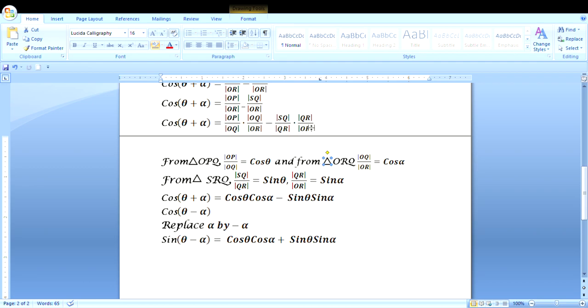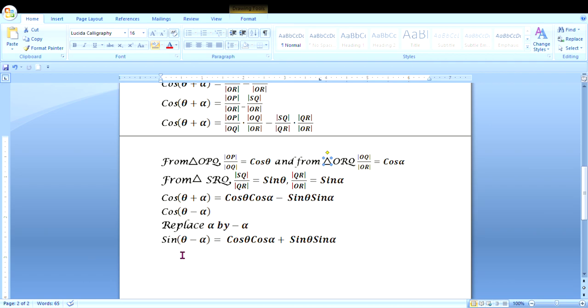Now, by way of substitution, let's replace all these expressions with their respective trigonometric ratios. And this becomes cos theta cos alpha minus sine theta sine alpha. So the value of cos theta plus alpha is equal to cos theta cos alpha minus sine theta sine alpha. Now, in the case of cos theta minus alpha, we can easily obtain this by replacing alpha by minus alpha.